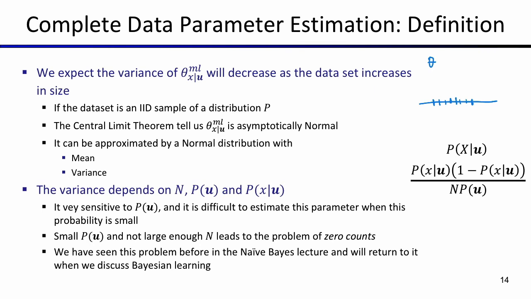We can put a distribution over here, and that will have this shape where the average here is going to be P of x given u. So it means that the way that we are computing the parameters using the frequencies is basically an unbiased estimator for the true parameter. That is very good. And also we will have this variance here.